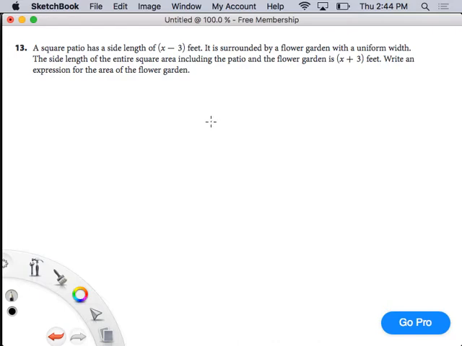All right. So a square patio has a side length of x minus 3 feet. What should I draw? A square. Draw a square. Okay, and its side lengths are x minus 3 feet.